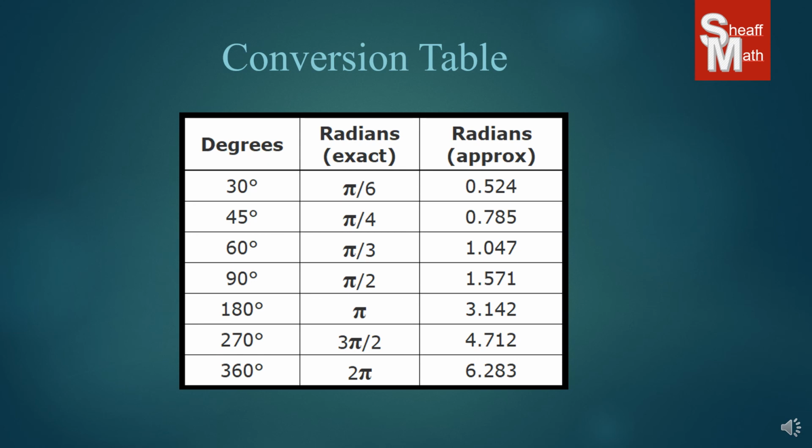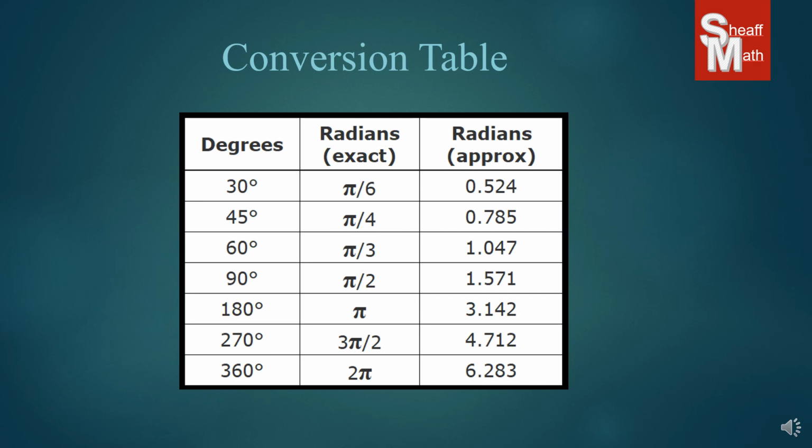Let's talk about this first. So we got degrees, and then we have radians, the exact. When you have it as pi over 6 or pi over 4, that's the only way we can write it exactly. Anytime we plug that into a calculator, we have to round it, and so we get an estimate. And that's what the third column is, the approximate radians. And so you can see what those actually look like in real numbers.